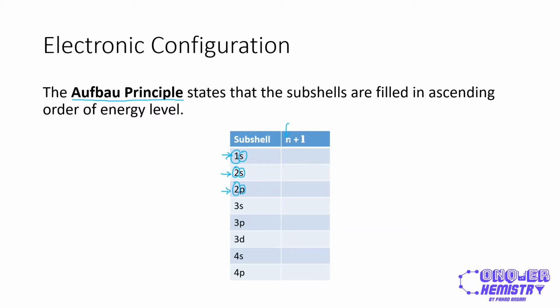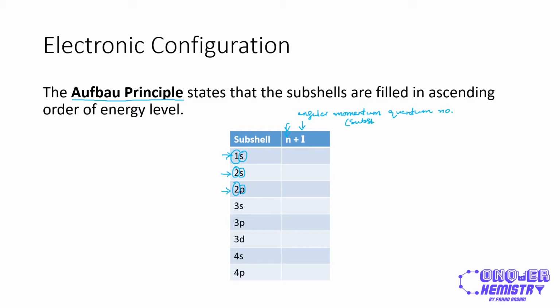Now what we're going to do is add the principal quantum number n for each subshell over here, and we're going to add that to the number L. Now L is basically the angular momentum quantum number. This is another fancy term, and in simple words, this just means subshell number.